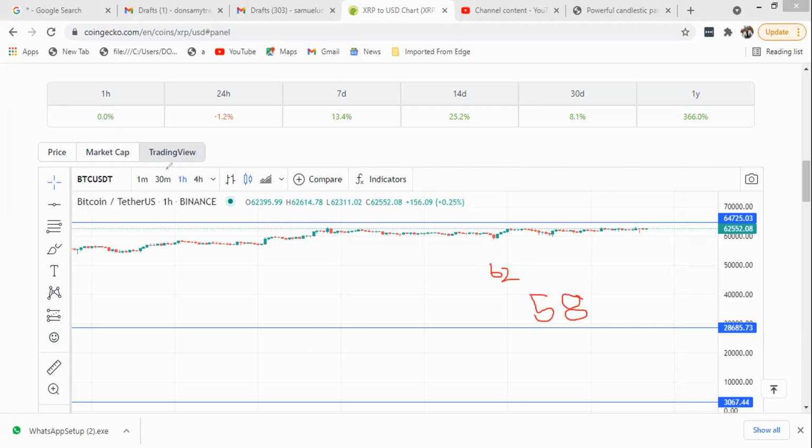If you are looking at the 1 hour candle, you might collapse. But if you are at the 4 hour candle, you will notice that it is printing a candle that will show that it's going to go up.